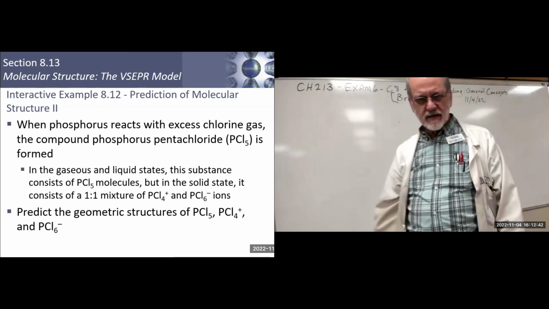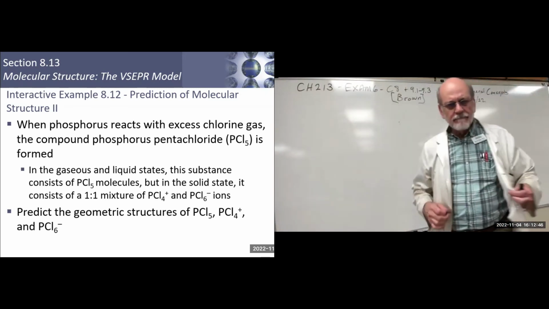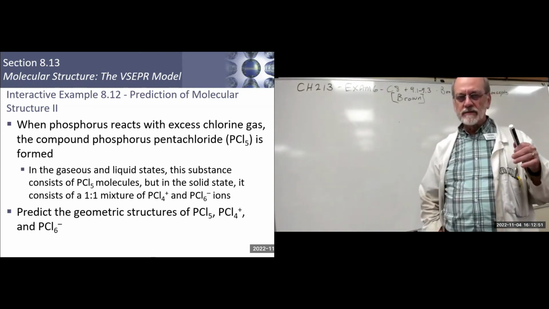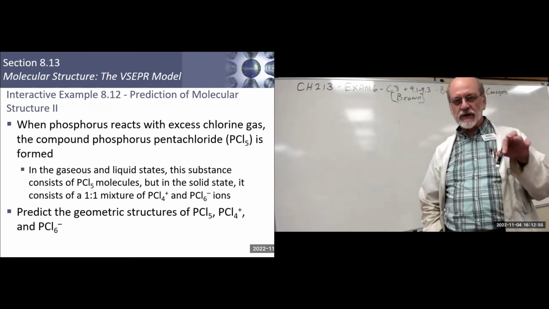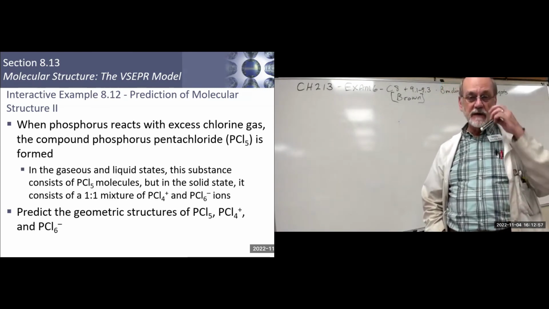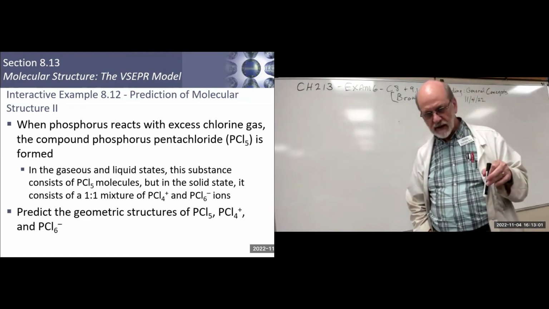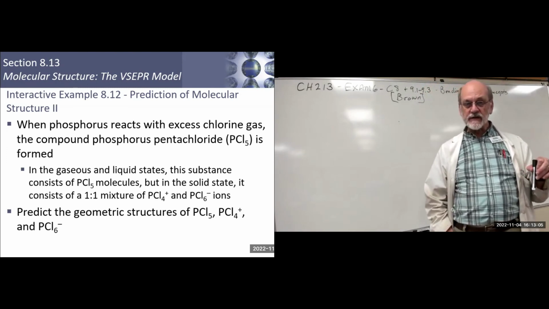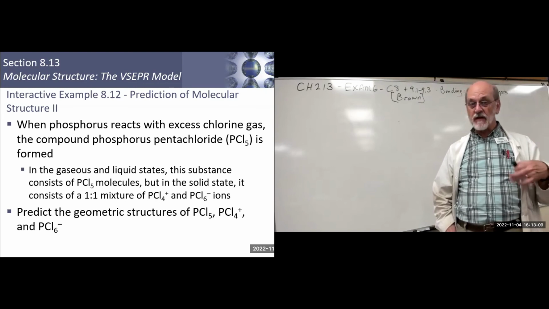Okay, we ought to be getting pretty close to the end here. Here's a problem. It tells you what happens under certain conditions with PCl5, phosphorus pentachloride. In the gaseous and the liquid states, the substance consists of PCl5 molecules.